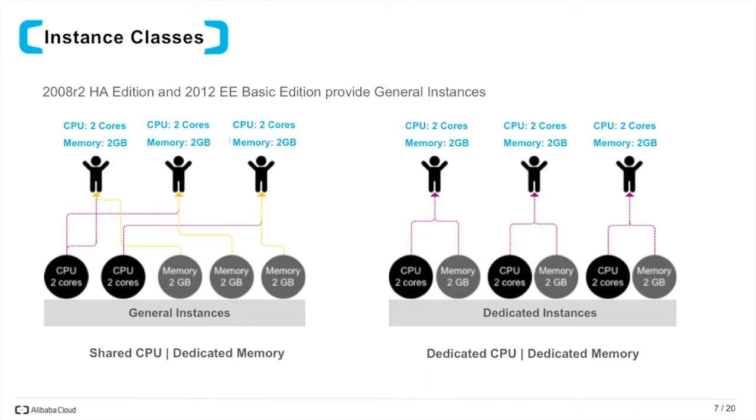They gain 6 core CPU and 6 gigabytes if they all purchase the dedicated instance. The 2008 R2 High Availability Enterprise Edition and the 2012 Basic Enterprise Edition have general classes. Others are all dedicated classes. That's why their prices are cheaper.